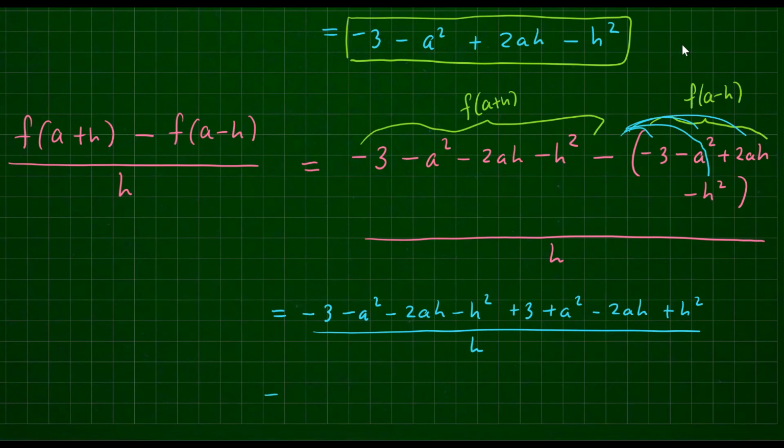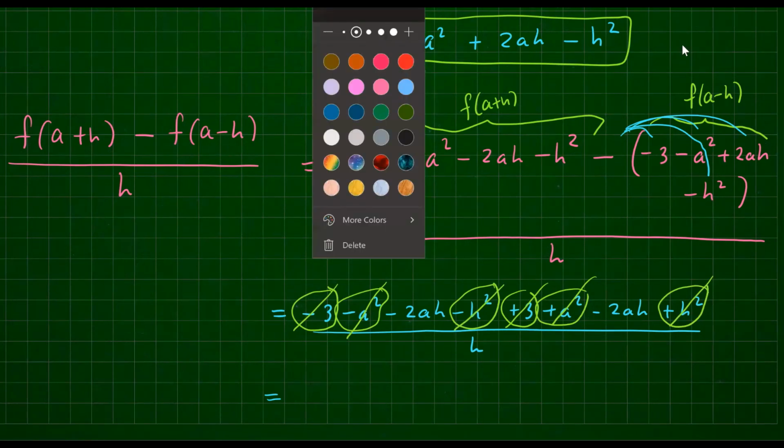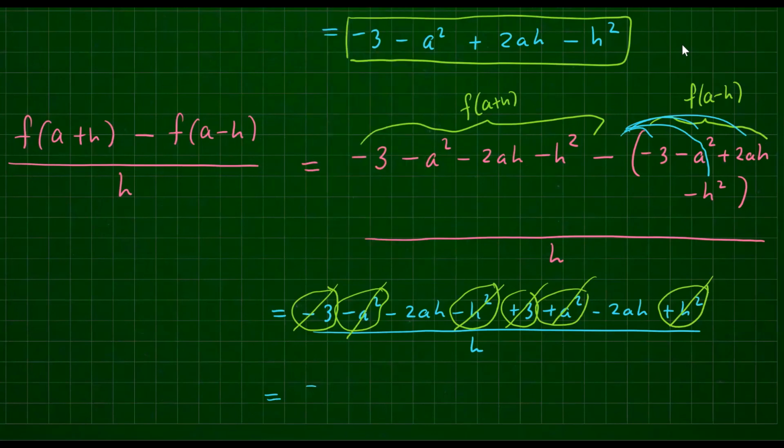Finally, we cancel out terms. Negative 3 and positive 3 will cancel out. Negative a squared and positive a squared will cancel out. And negative h squared and positive h squared will cancel out. What we're left with is simply negative 2ah and negative 2ah all over h.